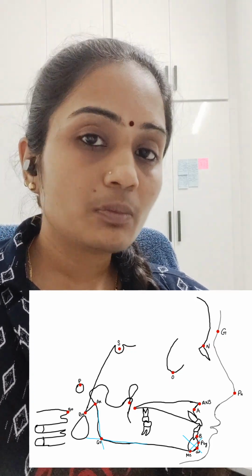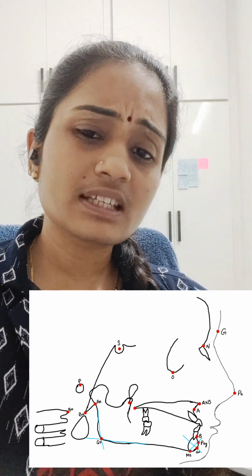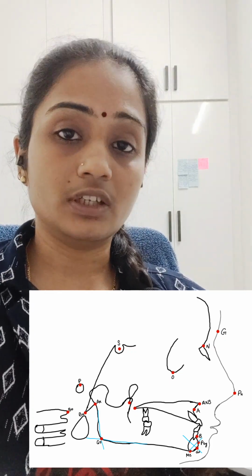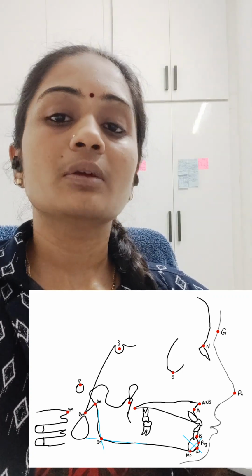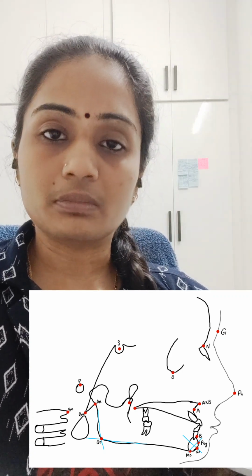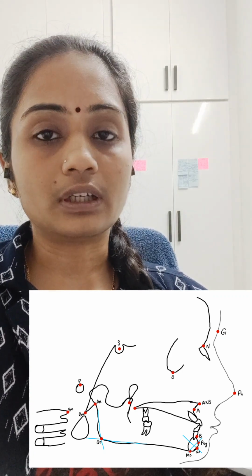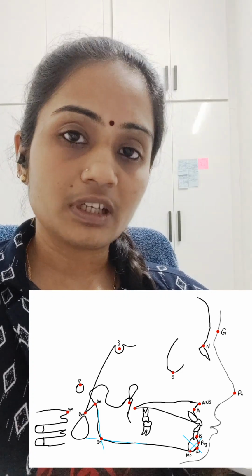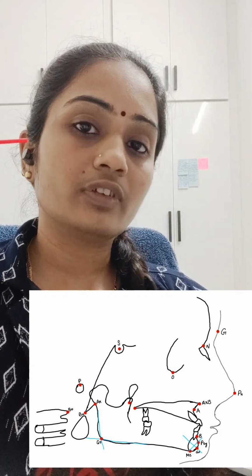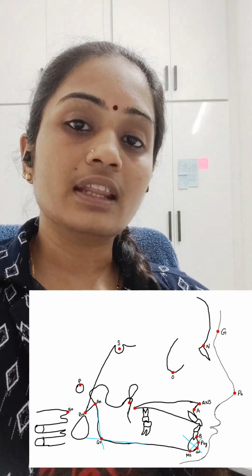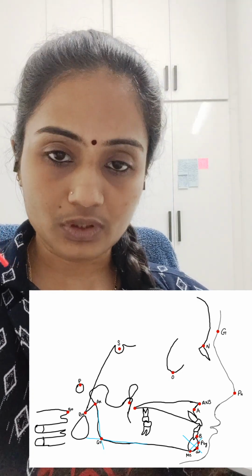Sella forms the midpoint of the sella turcica or the pituitary fossa. Next is PTM point. That is the last one. Okay, PTM is nothing but the pterygomaxillary point, which forms the intersection between the pterygomaxillary fissure, that is the posterior wall of the pterygomaxillary fissure, and the inferior border of foramen rotundum.